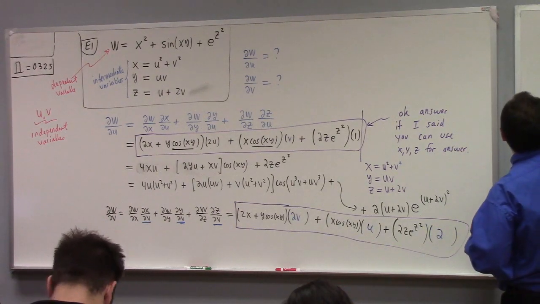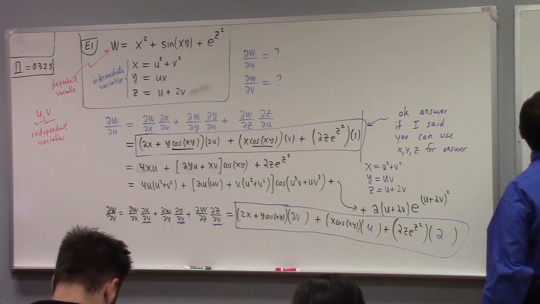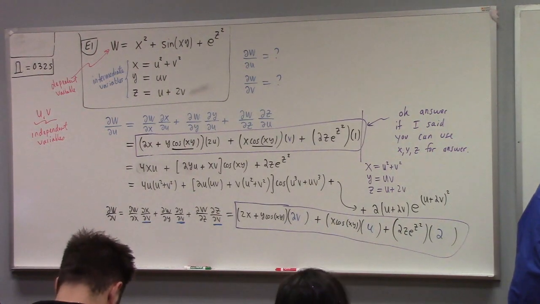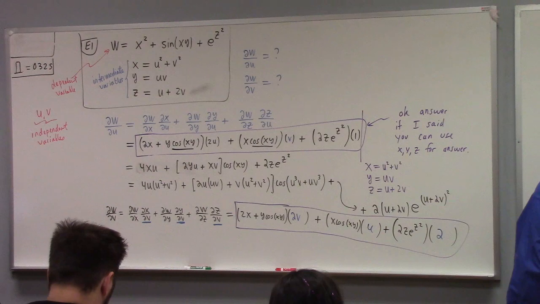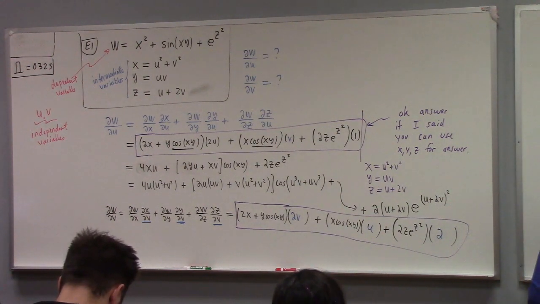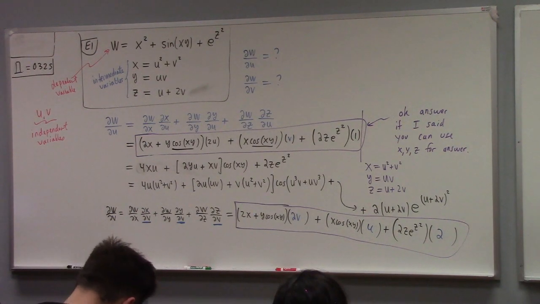Example 2, suppose partial w, partial x is x cubed, partial w, partial y is xy, and partial w, partial, well, let's just stop there. We don't have to have a z, all right?